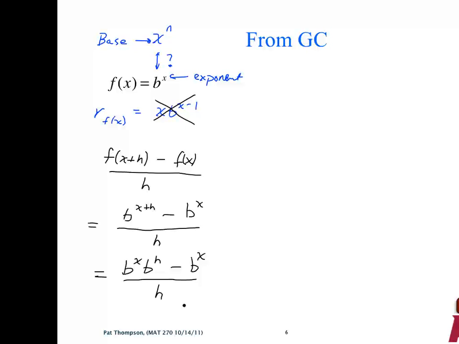An exponent just tells you how many times you multiply that base together. And so if we're multiplying together x plus h times, well then you could just separate it into the x times and then the h times, right? So we're just multiplying b together, x plus h times. Okay, what can we do with that? Factor out b to the x.